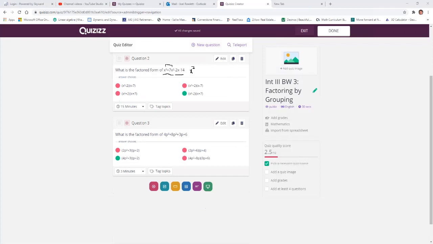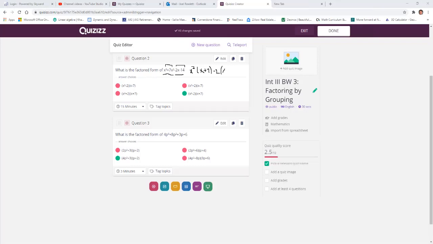That will leave me x plus 7. And if I look at the second 2, I'm going to subtract a 2 here, and that will leave me x plus 7.